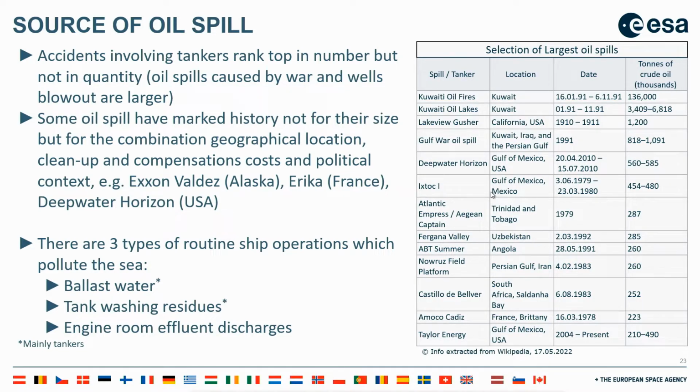That seems strange, but this is not something that happens once, it's happening continuously. So small spillages are there. And it's also not very easy to estimate the amount if this is happening due to routine operations.